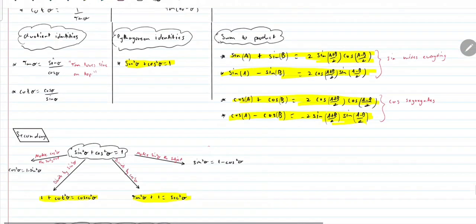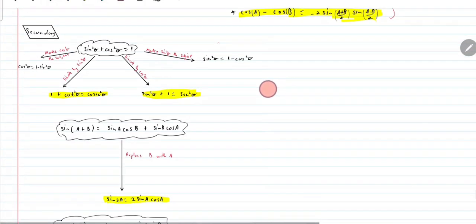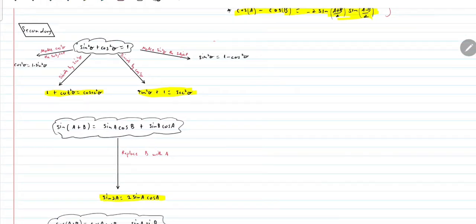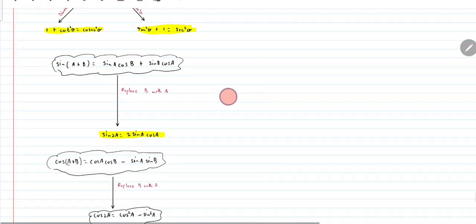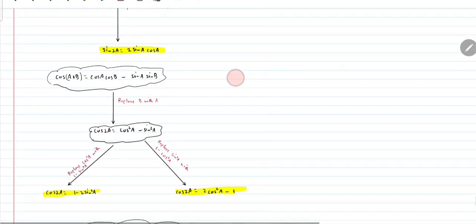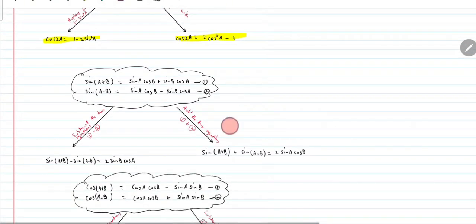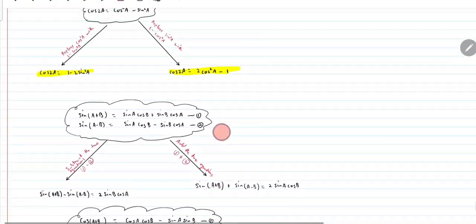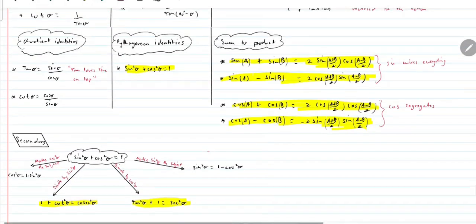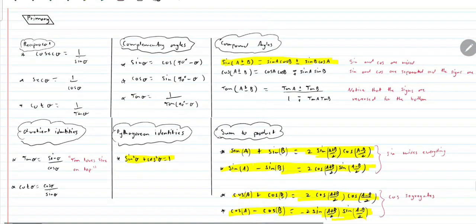And then the secondary group, which would be your identities that you can sort of derive if you know the primary ones. But I would recommend that you at least memorize some of the secondary identities so you don't waste time on the exam. The identities I have highlighted in yellow are the ones that will appear on your answer sheet, if you're writing CAPE.